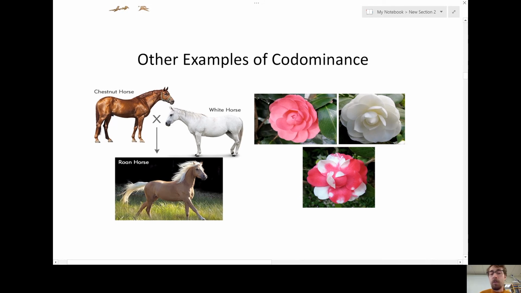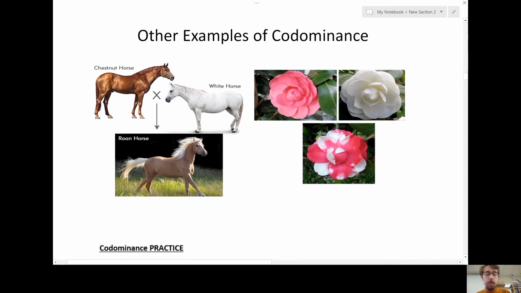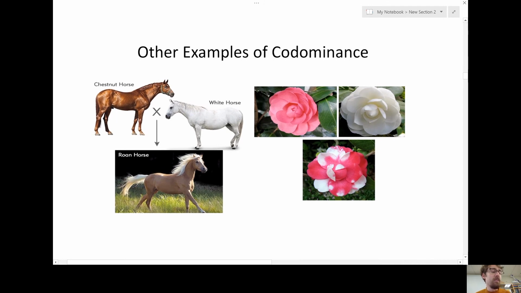So some petals will be pink, some petals will be white. In your notebooks, you have another example of this, sickle cell anemia. So it could be codominant with regular blood cells.